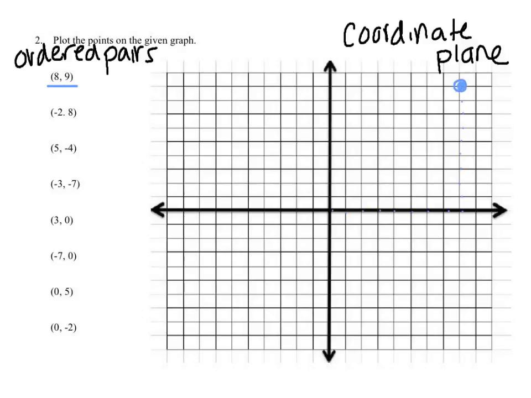So this point should be right there. Let's take a look at -2, comma 8. If I start here in the middle, called the origin, I'm going to go -2, so 1, 2. Then I'm going to go up 8. 1, 2, 3, 4, 5, 6, 7, 8. I'm going to put a point right there.